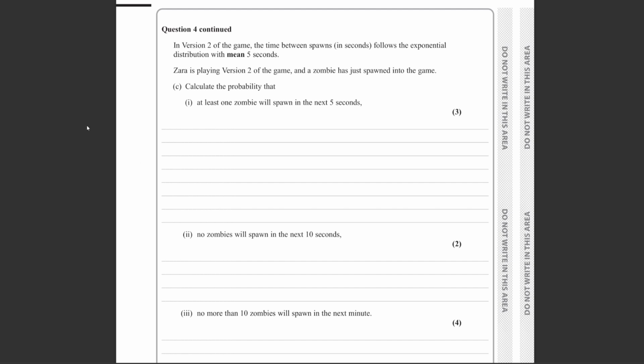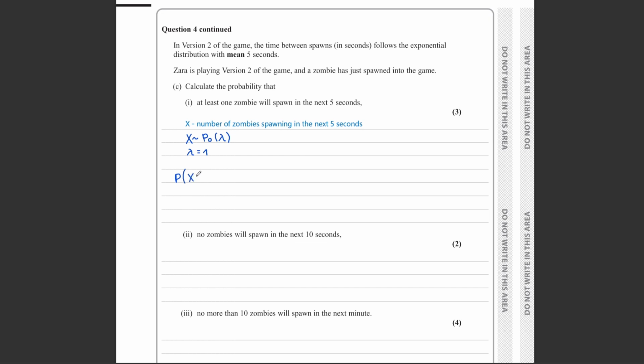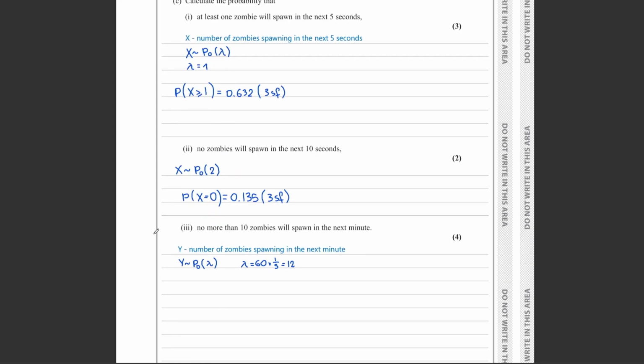Let's call our variable x the number of zombies spawning in the next 5 seconds. Also has Poisson distribution, and our lambda will be now 12.